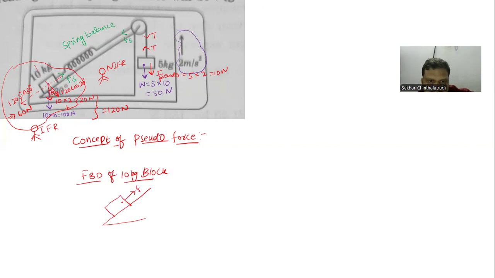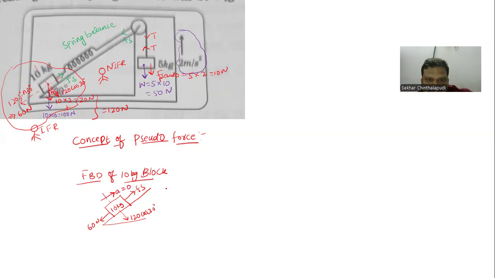There is Fs and this is 10 kg. This is the normal force, which is 120 cos 30, and this is 60 newtons. We know that this entire system is at rest, so the acceleration will be 0.